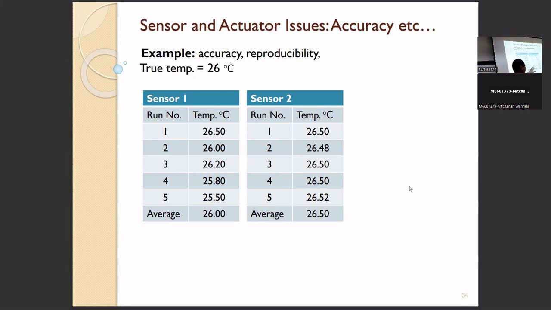If you compare to this, you measure 5 times, 26.5, 26.48, 26.5, 26.5, about 0.2 deviation. You measure 5 times and you get the same or similar value. This is precision, high precision, but not correct.